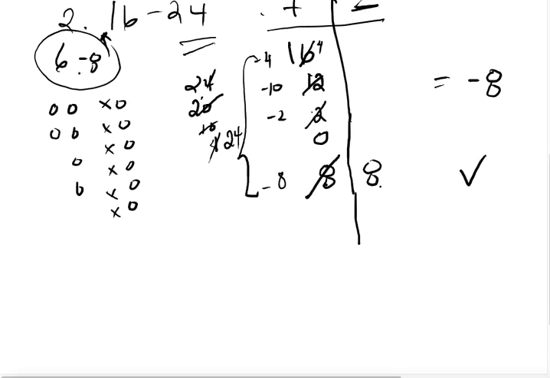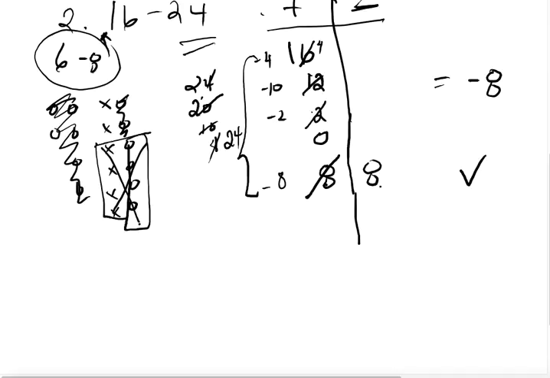And then I took away 8 positives, so all of these were gone, and 2 more of these were gone, and I was left with these being 0 pairs, so I didn't really worry about them, right? Because 0 pairs cancel each other out, so the only thing I was left with was really these 2 negatives. So it showed us that the answer was 2 negative. So this visual representation really supports this T-chart method when you're getting into larger numbers.